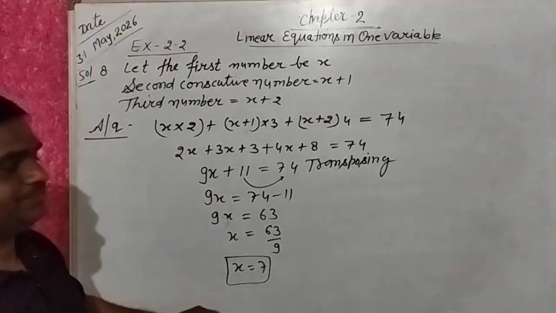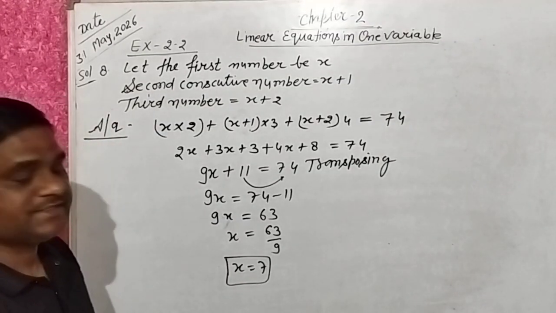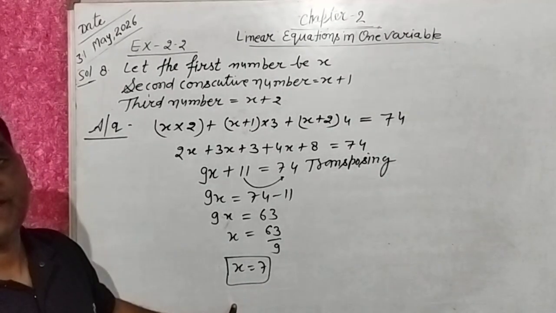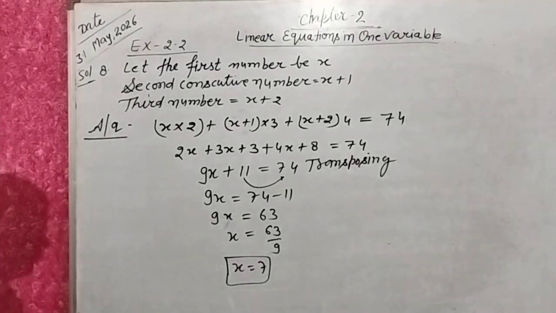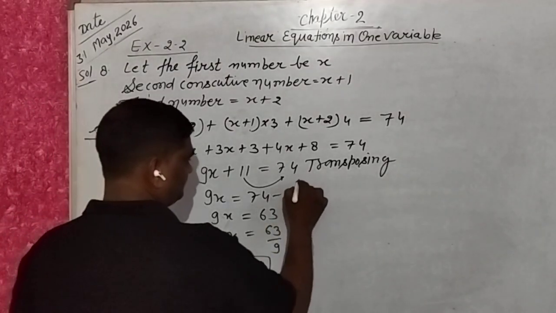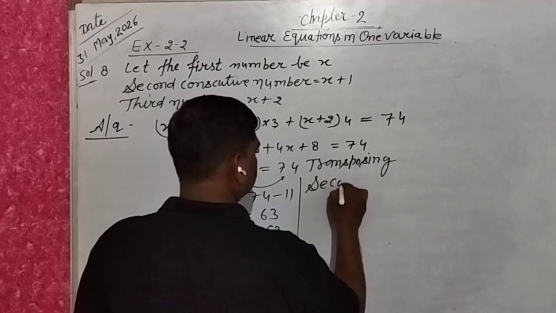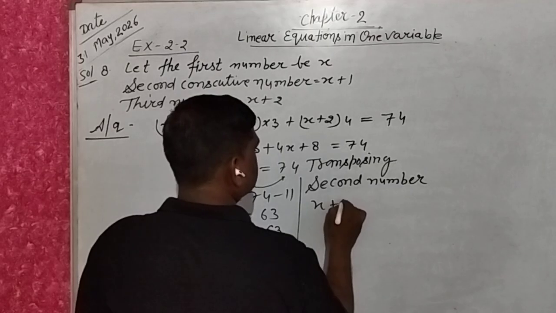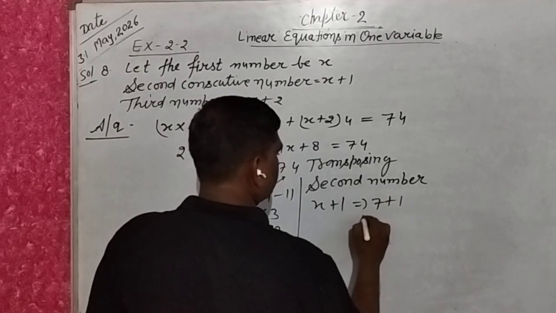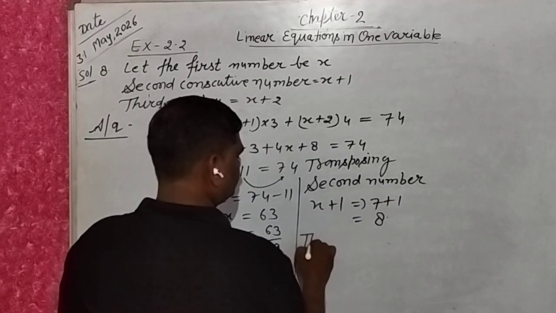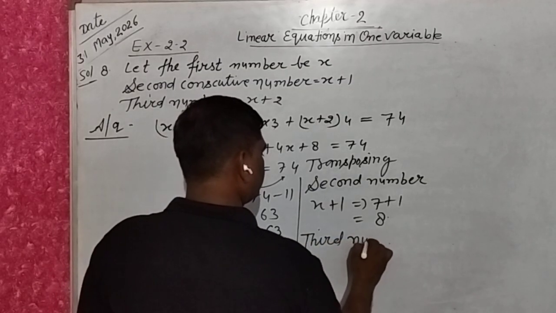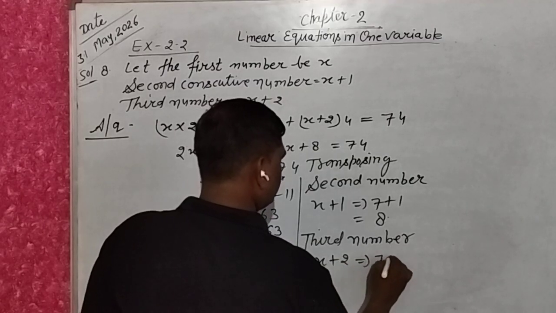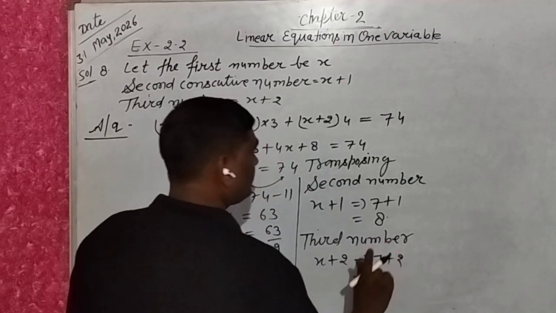First number is 7, and if you multiply 2 by 7, it makes 14. Second number x plus 1 is 7 plus 1, 8. Third number x plus 2 is 7 plus 2, 9.